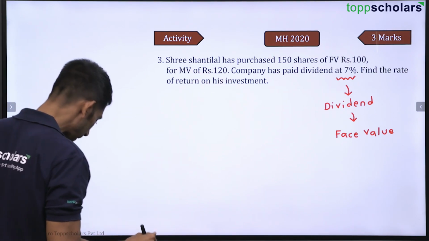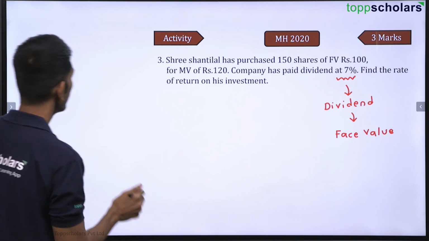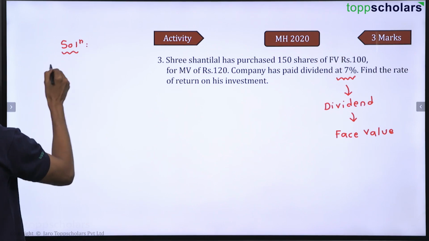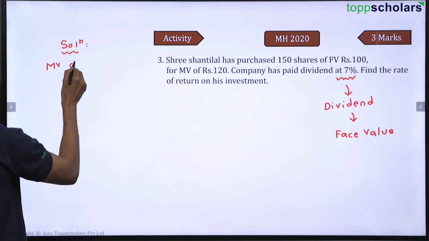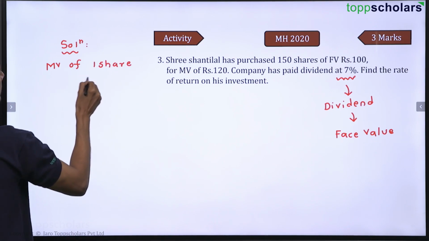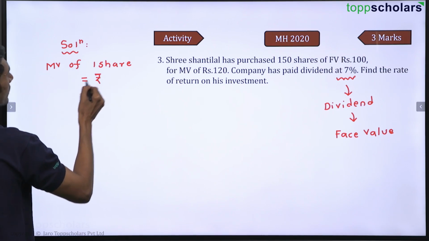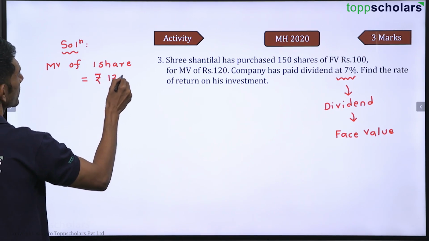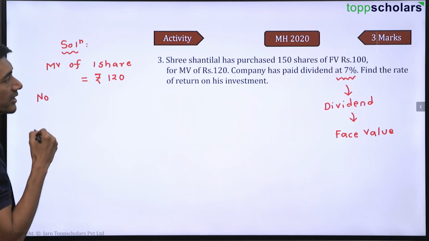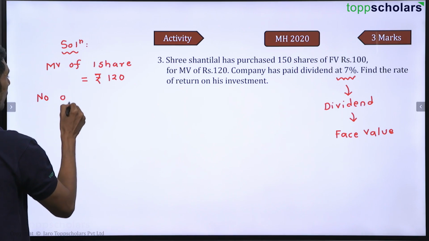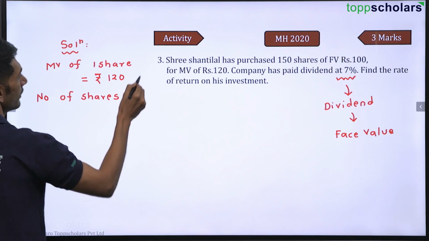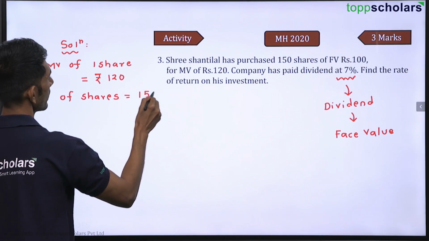He purchased 150 shares of face value rupees 100 for market value. So firstly, let us talk about market value. The market value of one share is rupees 120. Number of shares purchased is 150.